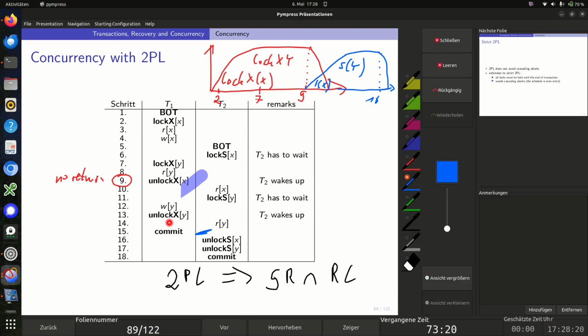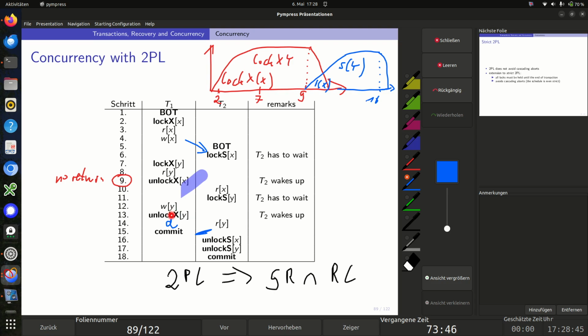What would happen if transaction 1 would abort here? We see that here we have a read dependency: transaction 2 reads X from transaction 1.